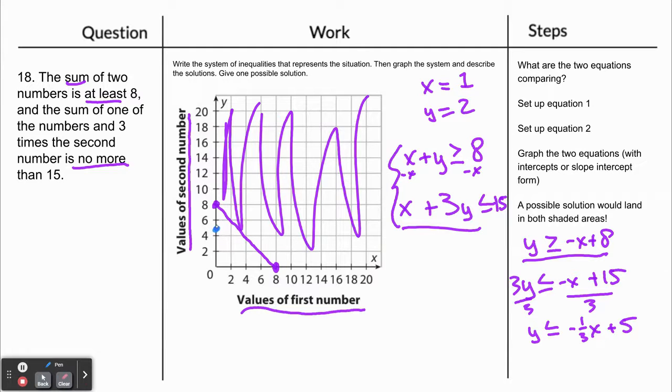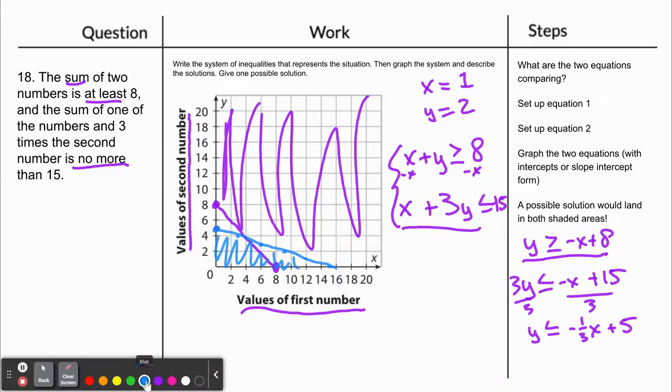Go up to 5. Then negative 1/3. So down 1 over 3, down 1 over 3, down 1 over 3, and looks like there. So in this case here, this is a solid line, and it says that it is less than.